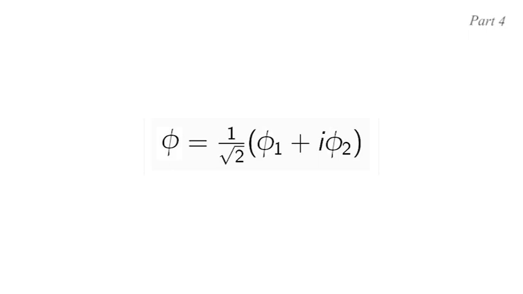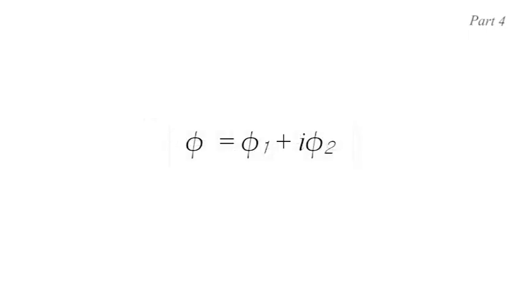For simplicity, from now on I shall ignore the 1 over √2 and write this as phi equals phi1 plus i phi2. In fact, I may ignore multiplicative factors a lot in what follows. They're less important for understanding what's going on from now on and can simply clutter the equations. I had to keep them up to this stage.